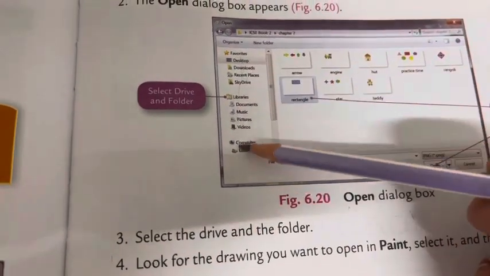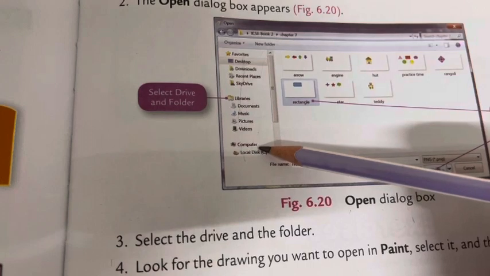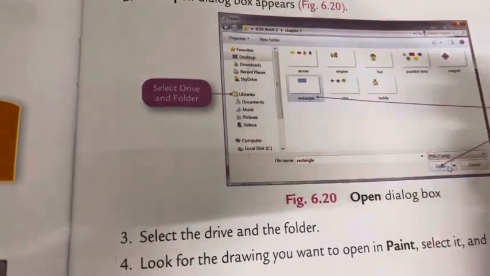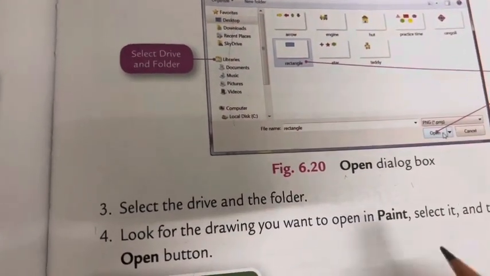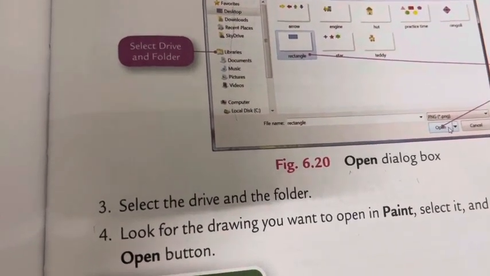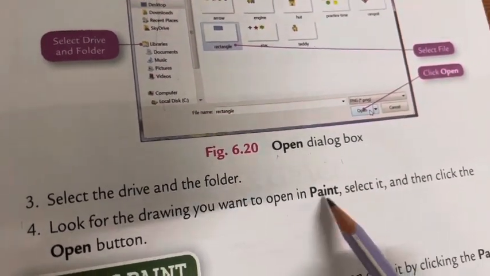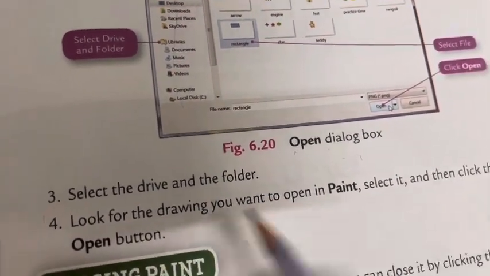These are the list of drives. Among these, you click on the drive where you saved that drawing, right? And you will look for the drawing that you have already saved.